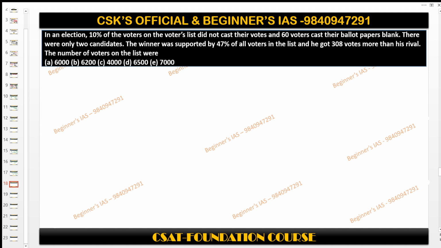There were only 2 candidates. The winner was supposed to win by 47% of all the voters in the list. He got 308 votes more than his rival. The number of votes on the list were?